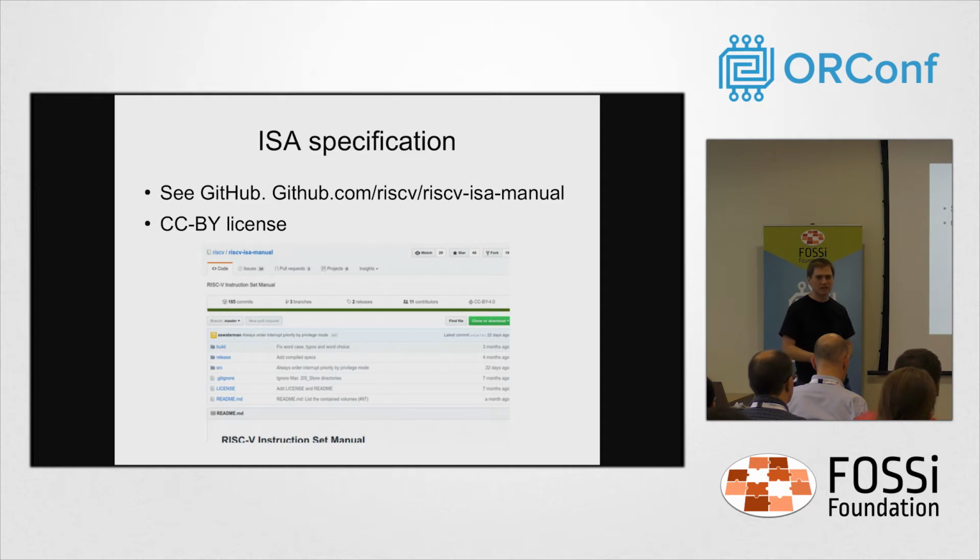For larger changes, if you want to add large new instruction set extensions, then a GitHub pull request isn't really going to be the right way to do that. You'll want to discuss with RISC-V Foundation members and try and get other people interested. But for simple changes, that's a very good way to go.